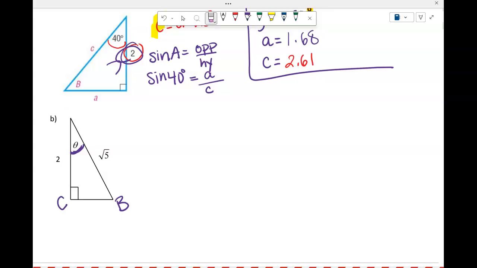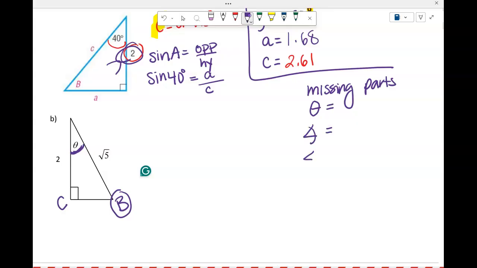Actually, let's keep it as theta. So we are missing, are you ready? We don't know what theta is, so the missing parts are: we have angle theta, so theta is always going to represent an angle, so we don't actually have to write the symbol for angle. We don't know what B is, and that's an angle, okay?